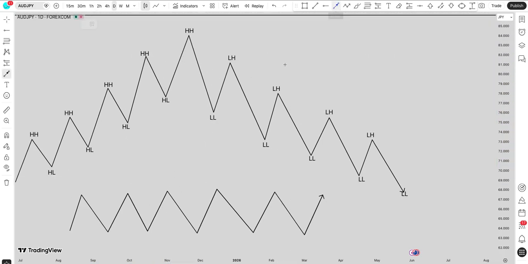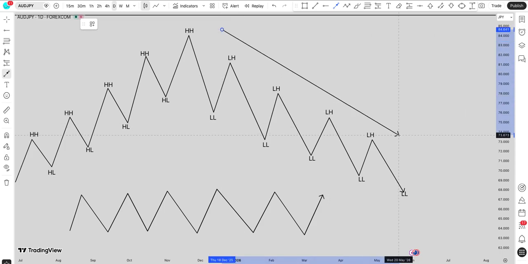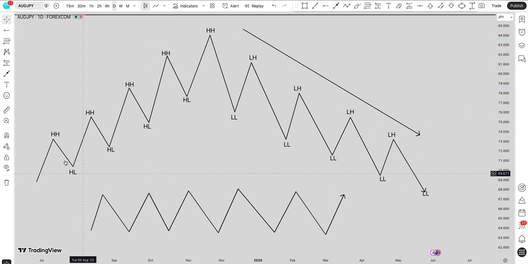Then on the other part, we have the market going down. After creating a series of higher highs and higher lows, you see the market started shifting in structure. Now it's creating lower low, lower high. Lower low simply means that this low is lower than the previous low. The new low is lower than the previous low.